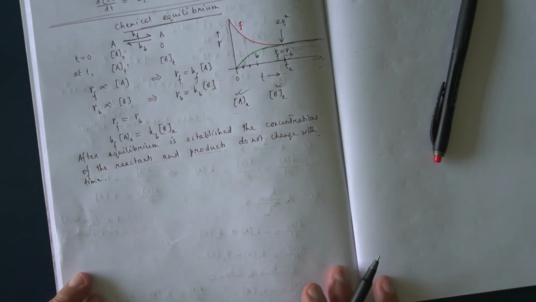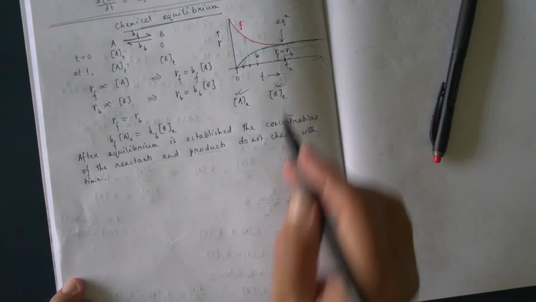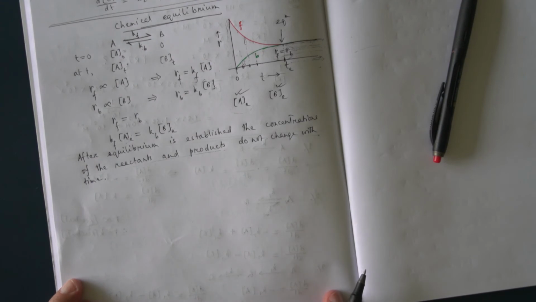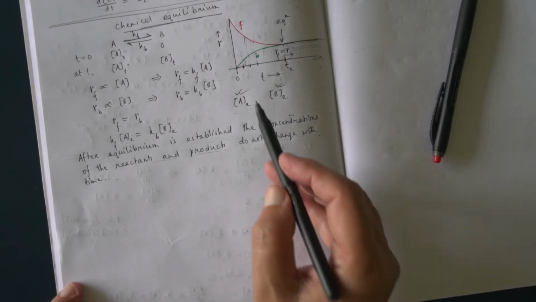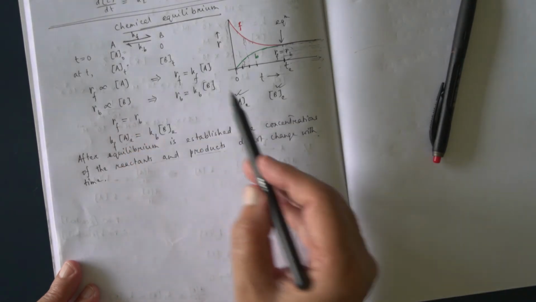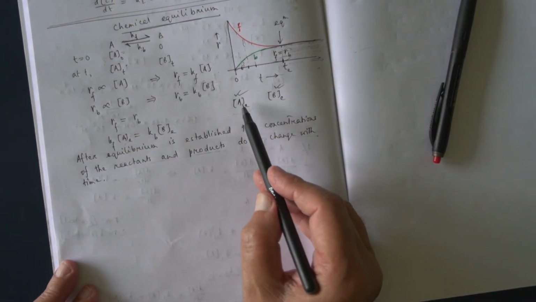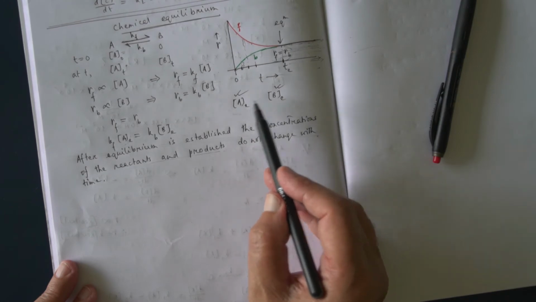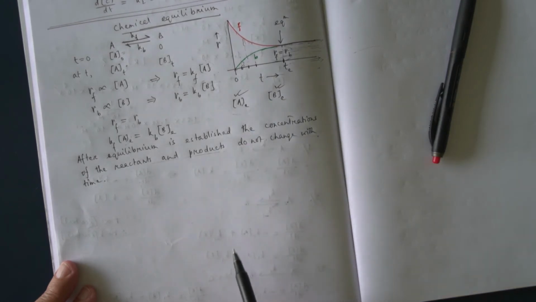They do not change with time. This concept will be required. You remember, initial concentration is constant. At equilibrium, concentrations of reactants and products are constant. So you remember this. Okay.